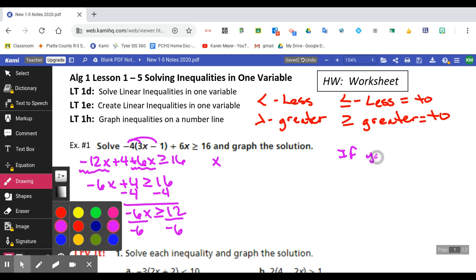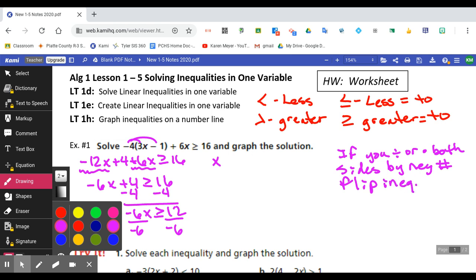If you divide or multiply both sides by a negative number, you must flip the inequality symbol. So right now, we divided both sides by negative 6, so we're going to flip that inequality from greater than or equal to less than or equal, and then divide out for negative 2.